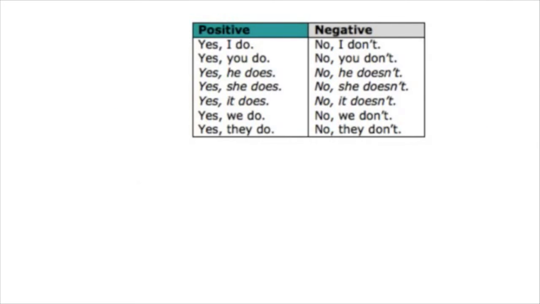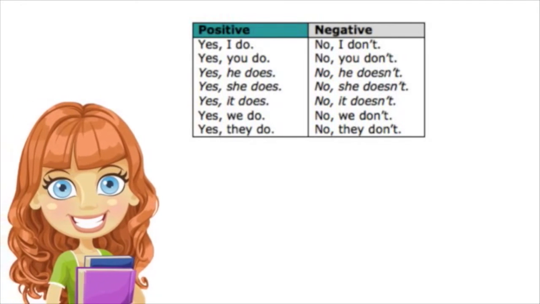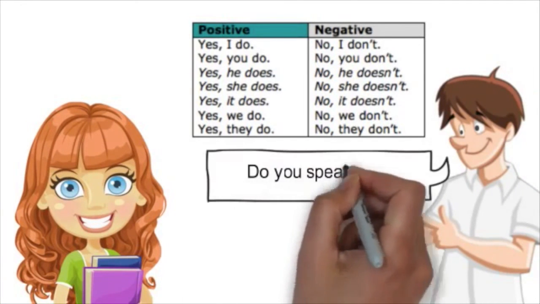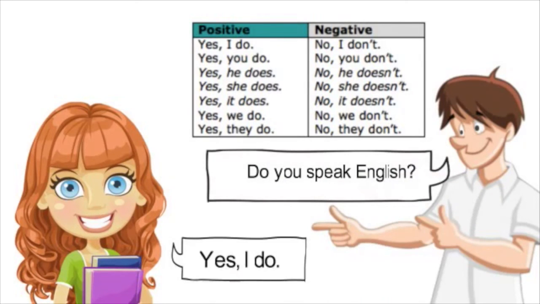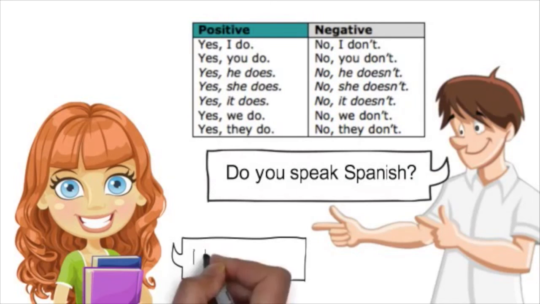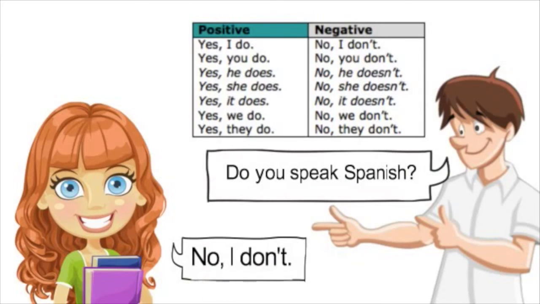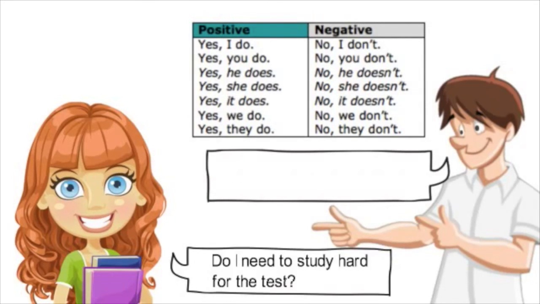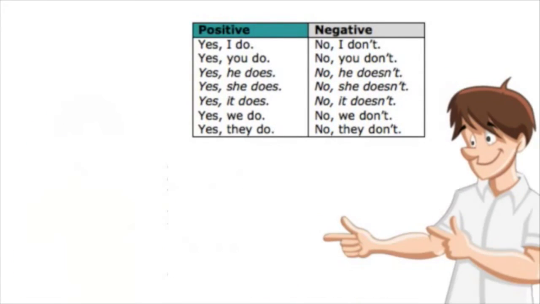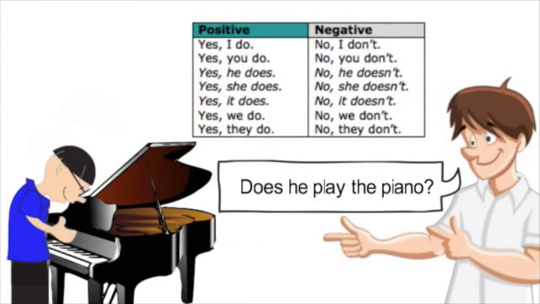For short answers to yes or no questions, look at the following table and listen to the examples as you read. Do you speak English? Yes, I do. Do you speak Spanish? No, I don't. Do I need to study hard for this test? Yes, you do. Does he play the piano?